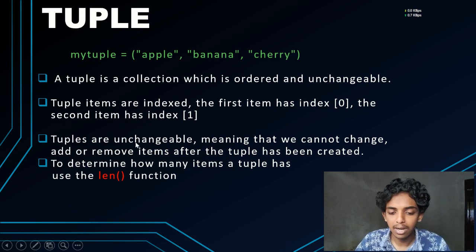So tuples are unchangeable. We already saw that, meaning that we cannot change, add or remove items after the tuple has been created. After creation we cannot change the values inside a tuple.